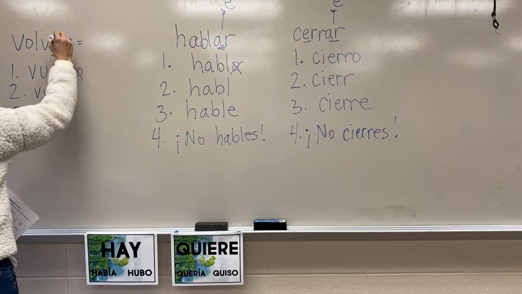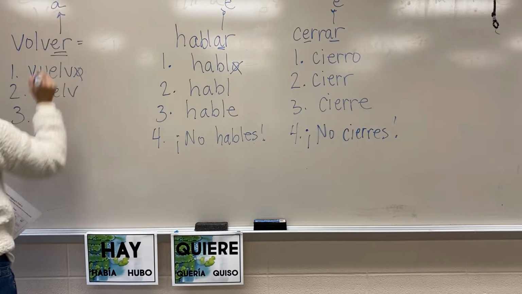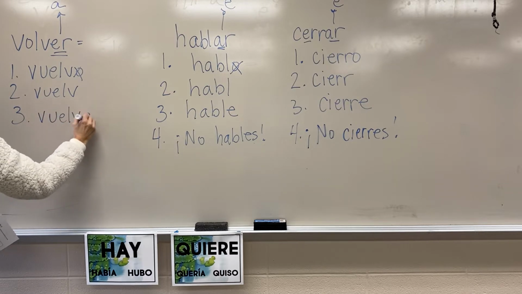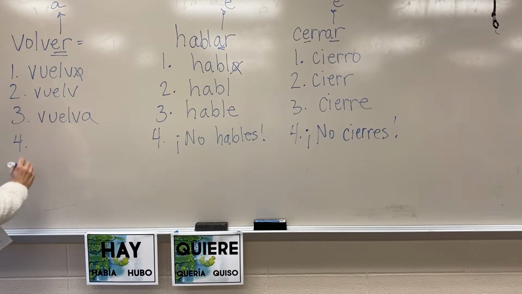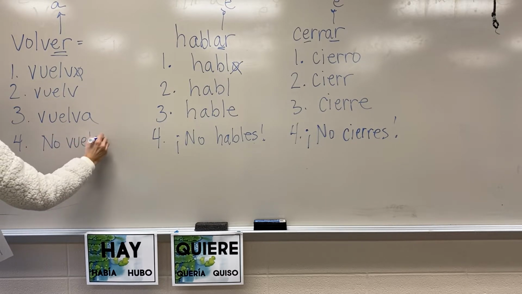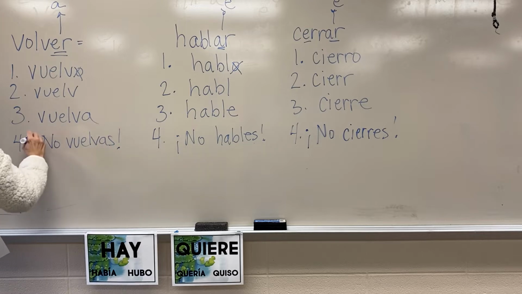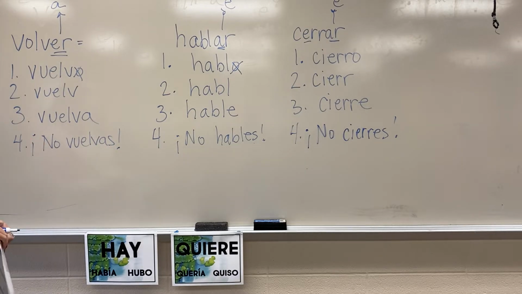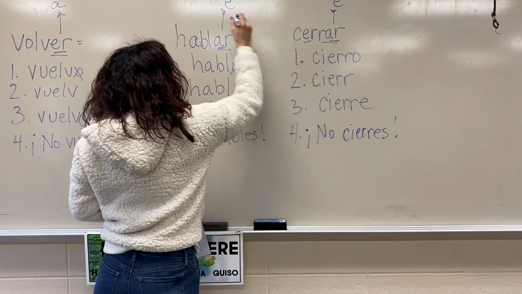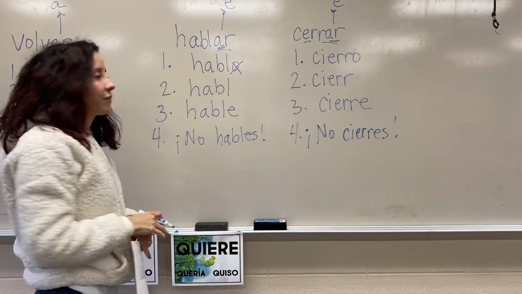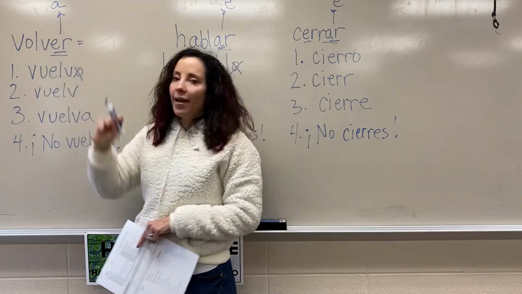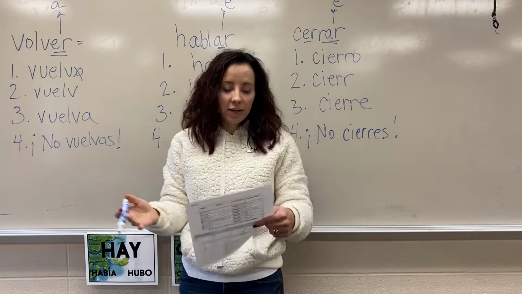This is an ER verb, so our opposite is an A. Vuelva. And step 4, the last one, put a no in front and add an S. No vuelvas. So your two options for endings, if it's an AR verb, it's going to be an E, always. If it's an ER or IR verb, the ending is going to be an A, hence the opposite endings.